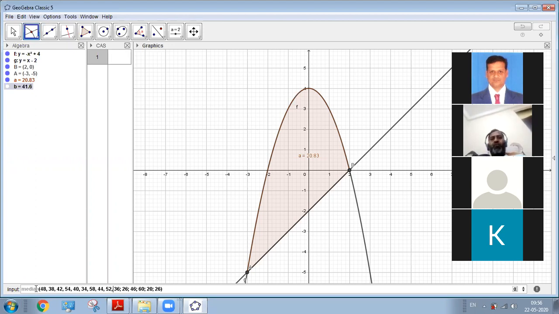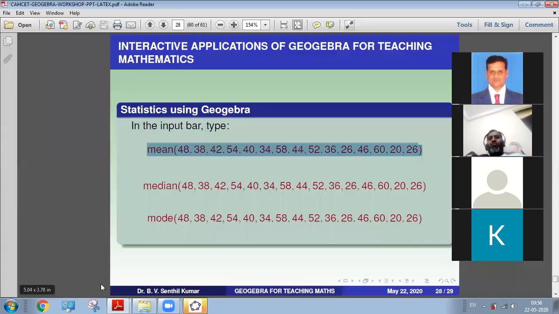Directly you can find it. Similarly, to find the mode, just type mode and inside this bracket you give the data.